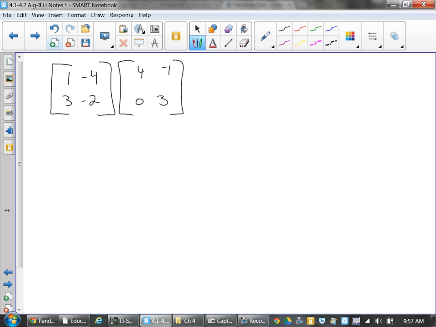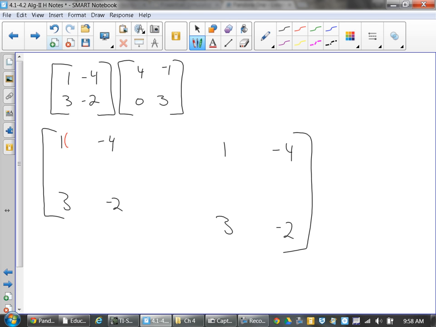So I'm going to write down that first one. This is the reason why I spaced it out so much, because I was going to get those additions thrown in. So I have 1, 3, -4, -2, 1, 3, -4, -2. I just start again at top left. 4, 0, -1, and 3.